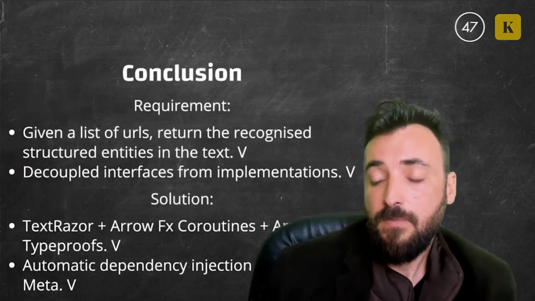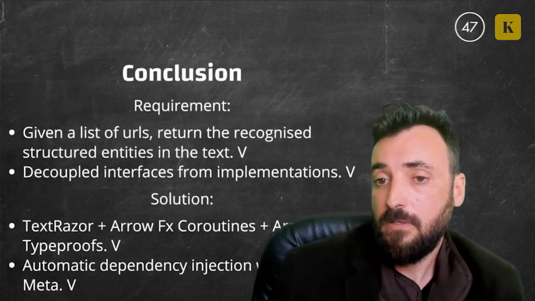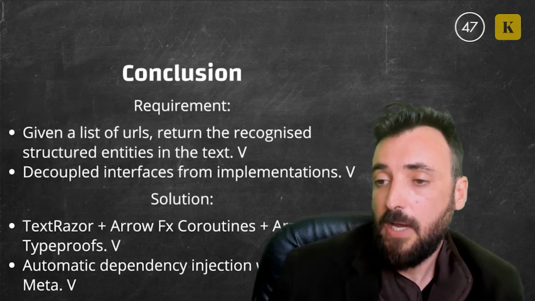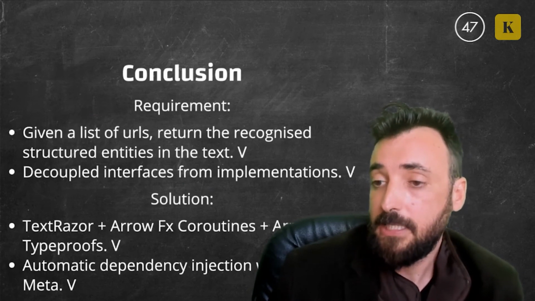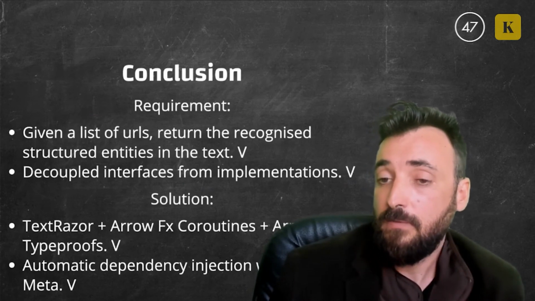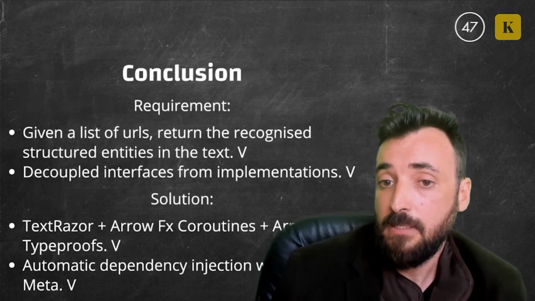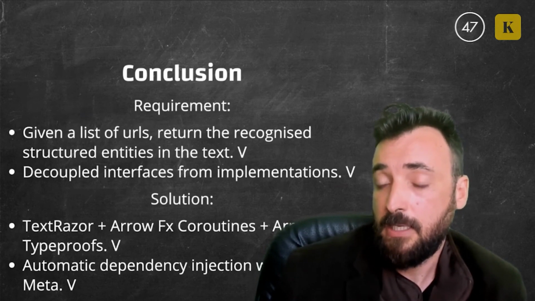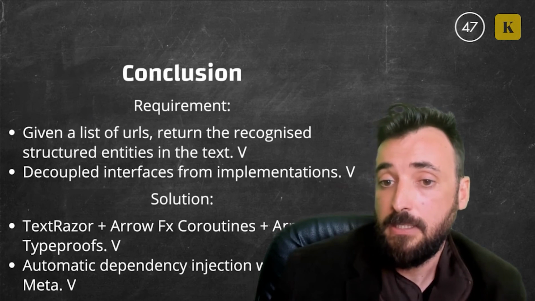So as a conclusion, we had a set of requirements for this application, and we tried applying precise domain modeling with type refinements. We guarantee the compiler can inject our entire dependency graph with given.